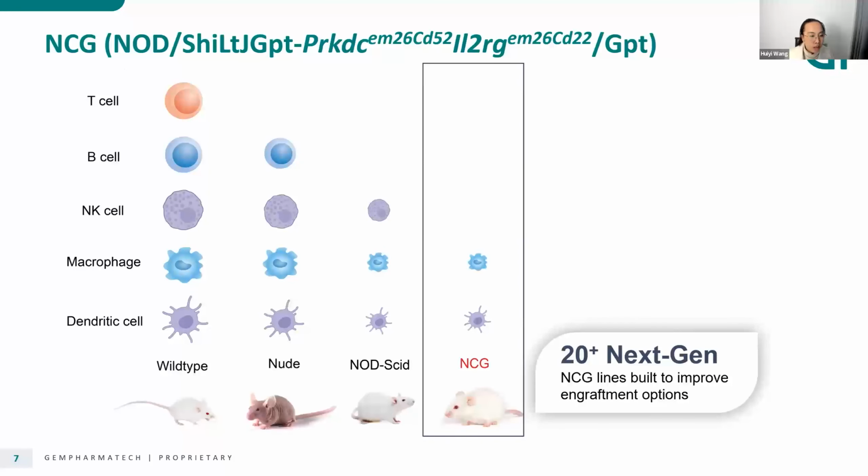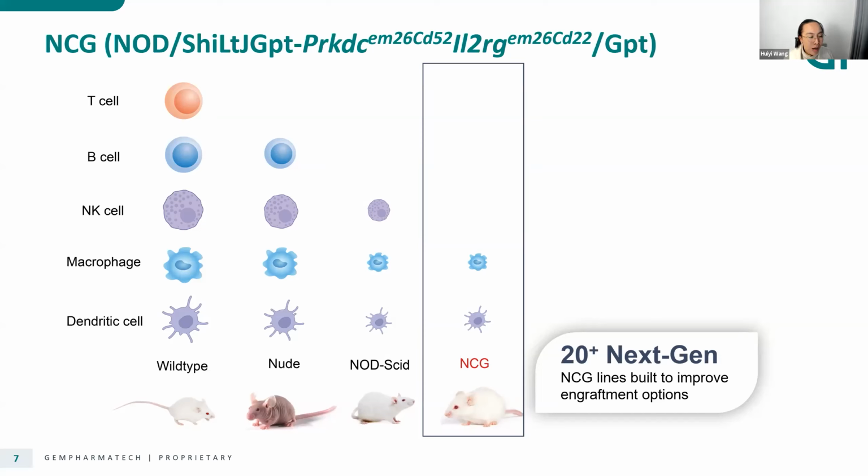This figure shows the differences between normal mice, nude mice, NOD-SCID mice, and NCG mice. Wild-type mice, like wild-type B6 mice, have a normal immune system, with functional T cells, B cells, NK cells, macrophages, and dendritic cells.